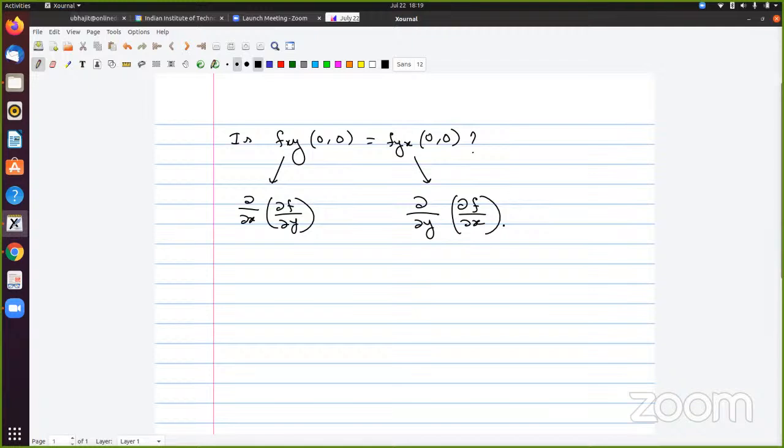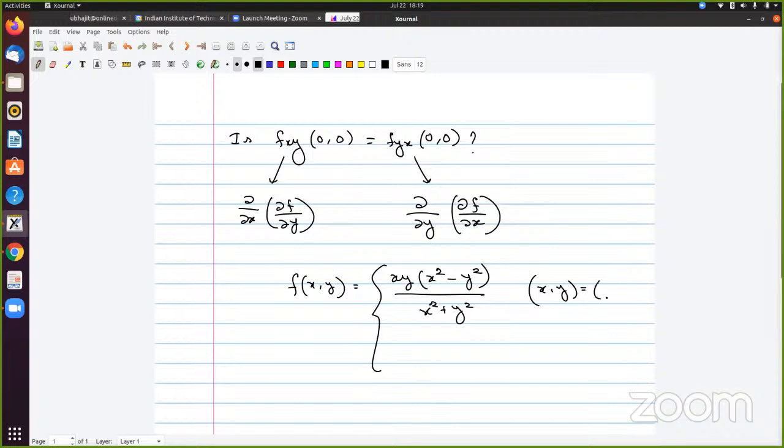So how can we approach this problem? So our function was like this. So take a limit.